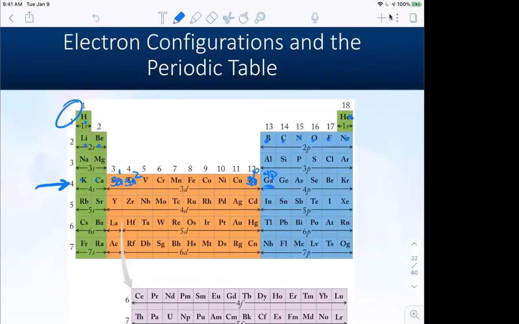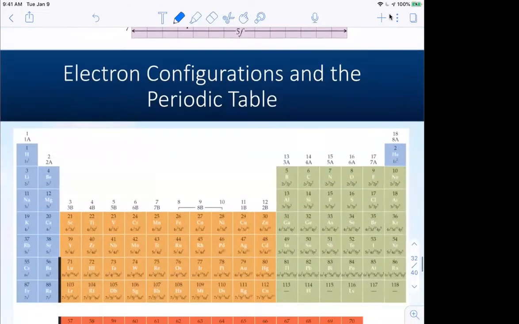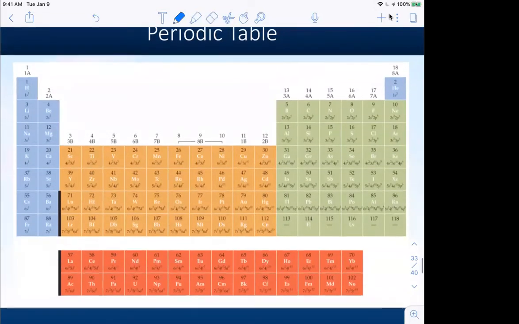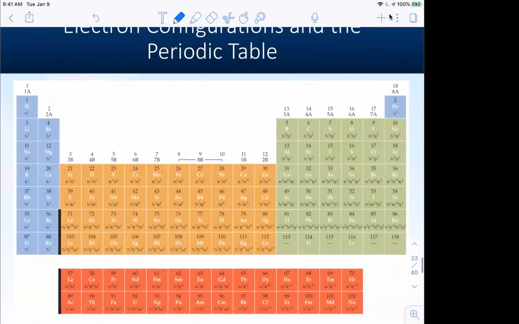So this is my D block, and this is always n-1. So that's row number minus 1 when I start filling those. And again, we're really not going to worry about those F's for this class. So you can see that the valence shell, or the outer shell, is indicated in this particular example.